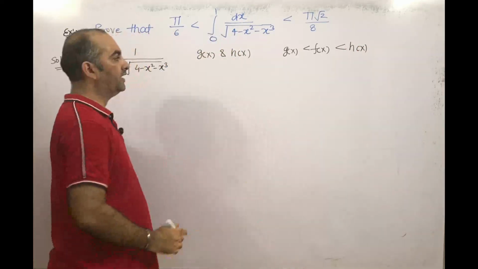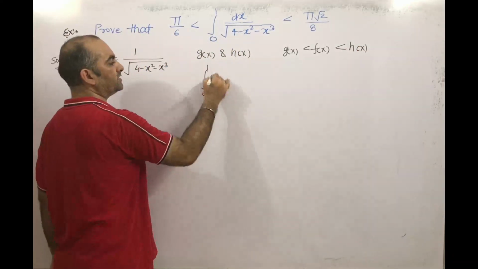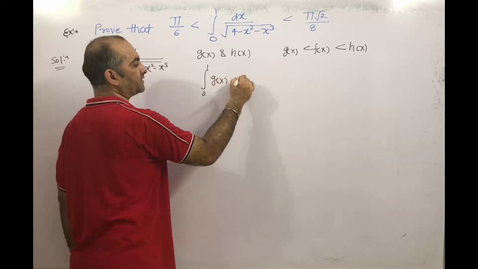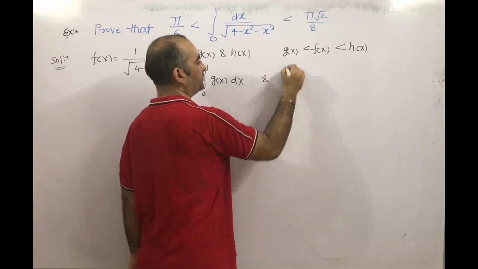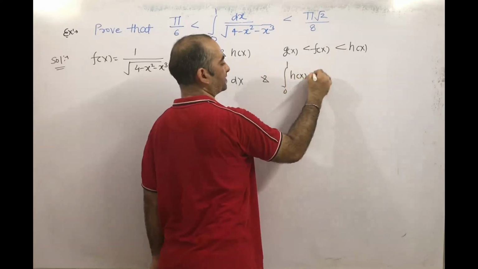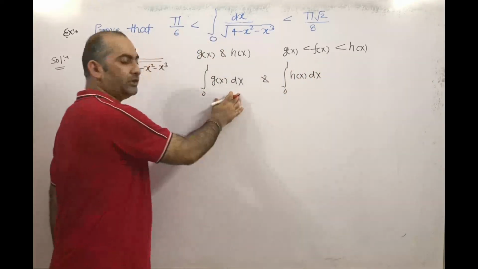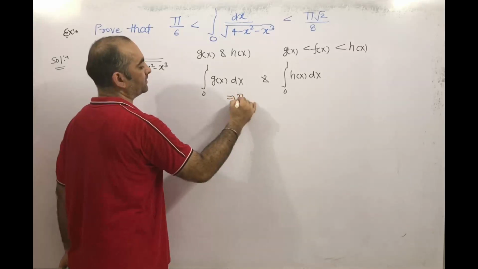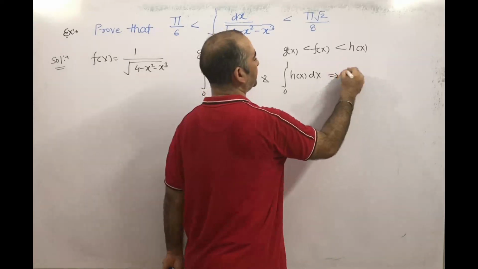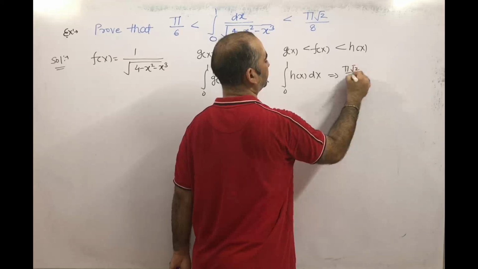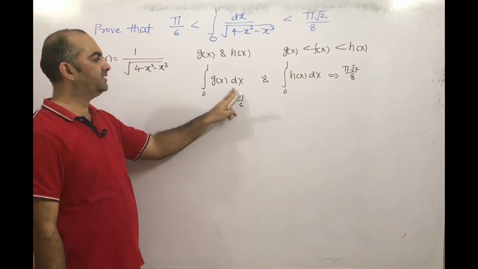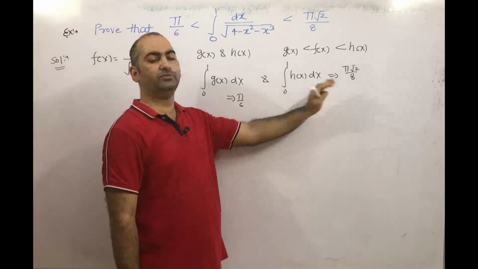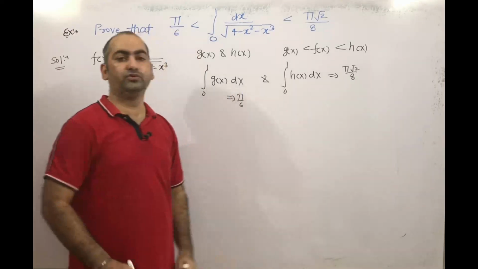And second thing, the integration of 0 to 1 g(x) dx and the integration of 0 to 1 h(x) dx should give the values π/6 and π root 2 divided by 8. So the integrations of g(x) and h(x) from 0 to 1 should be possible. So two things we have to take care.